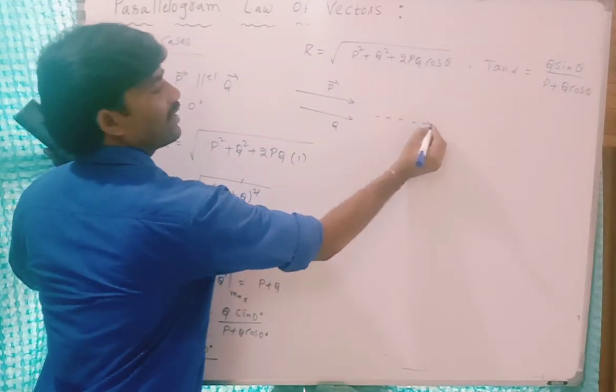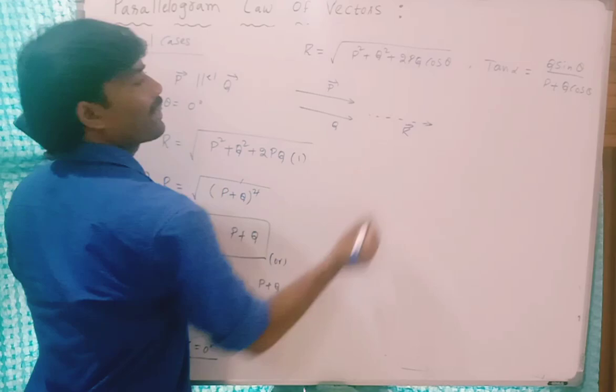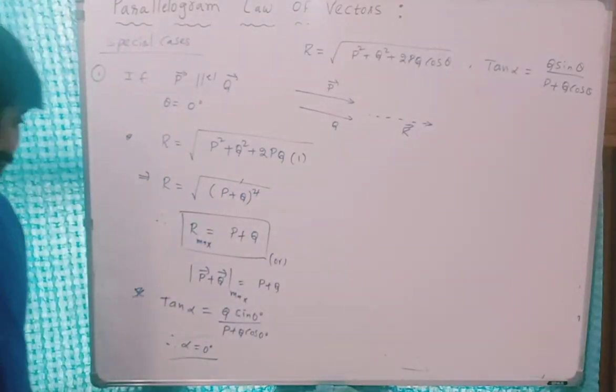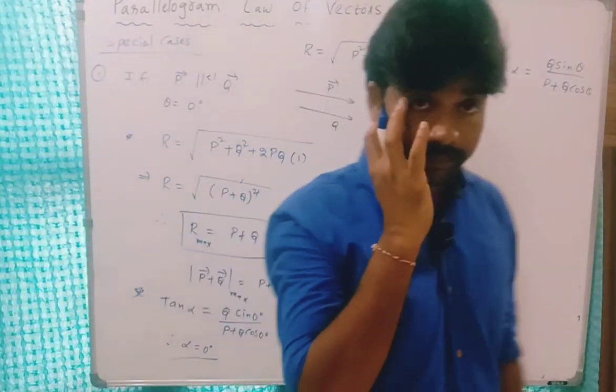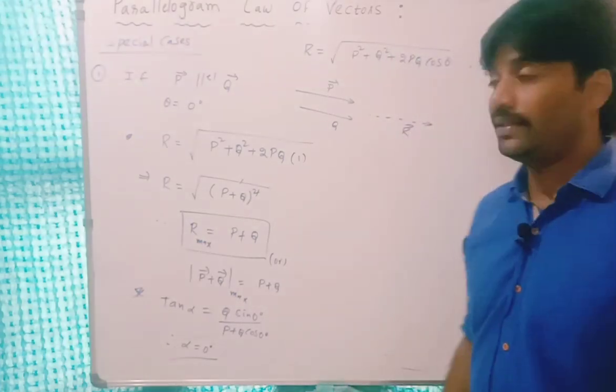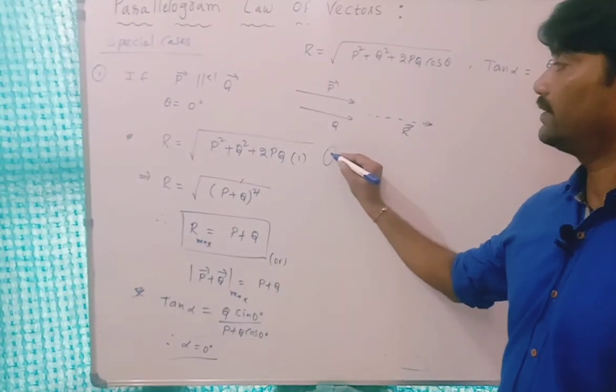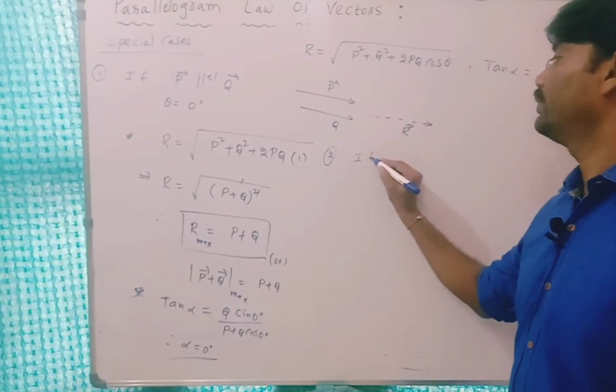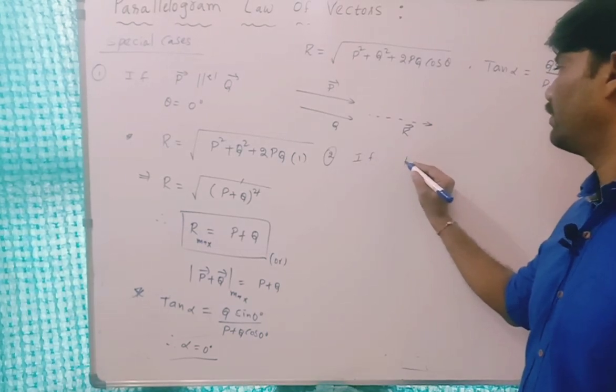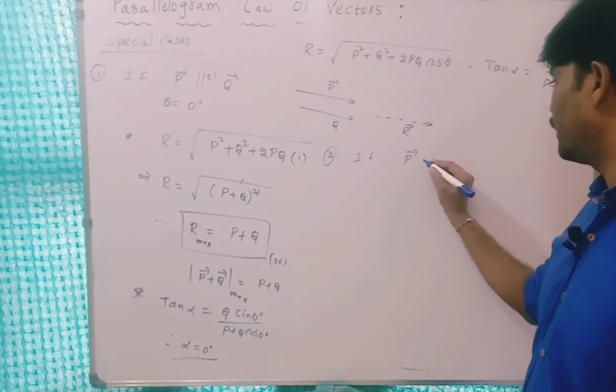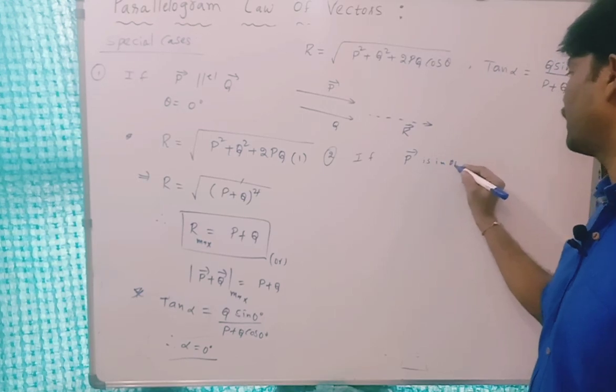This is the resultant. So the resultant is in the same direction as p and q. Clear?